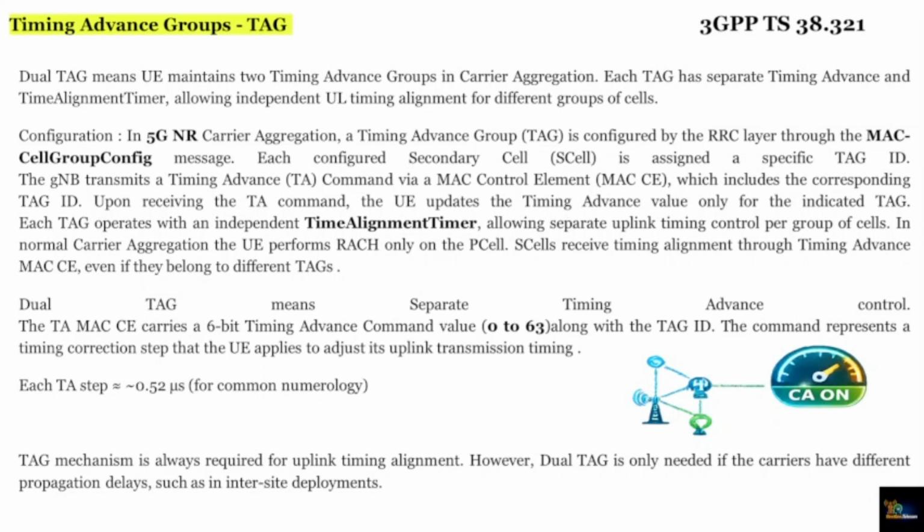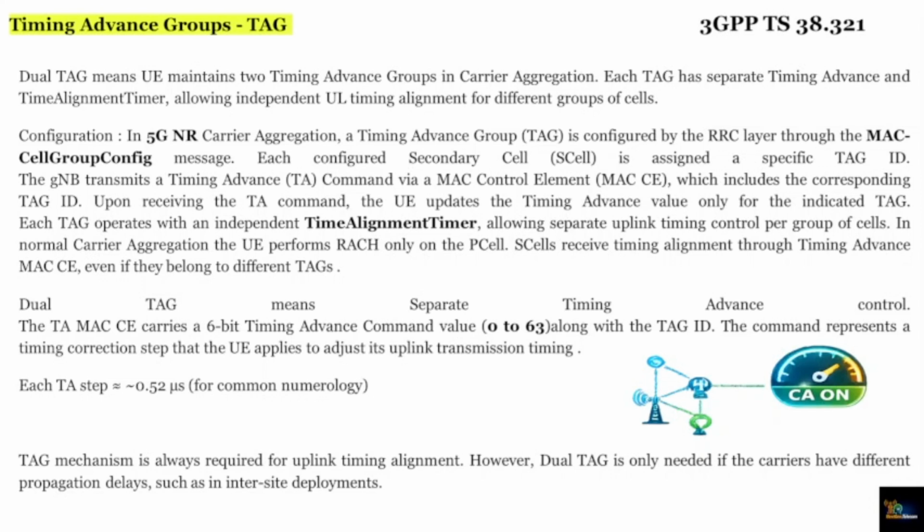Next topic added here is the timing advance group. It is also important for CA. Here is the single TAG and dual TAG concept. Dual TAG means you maintain two timing advance groups in carrier aggregation. Each TAG has a separate timing advance and timing alignment timer, allowing independent UL timing alignment for different groups of cells.